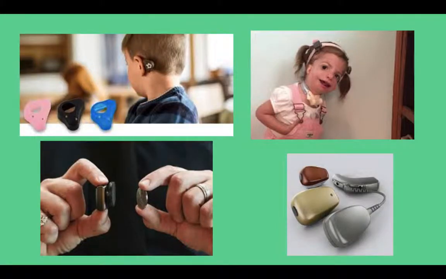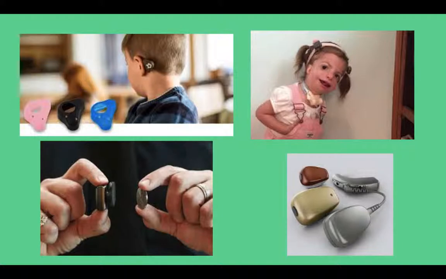Here are some pictures that supplement what I just talked about. On the top left, we have the Adhere. So it's just placed behind the little boy's ear, and there's different color options as well. Then on the bottom, we have the magnet abutment. So the magnet on the right will slip underneath the skin, and that's how it will be attached to the skull.